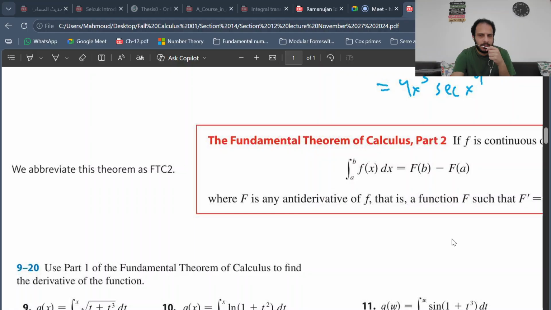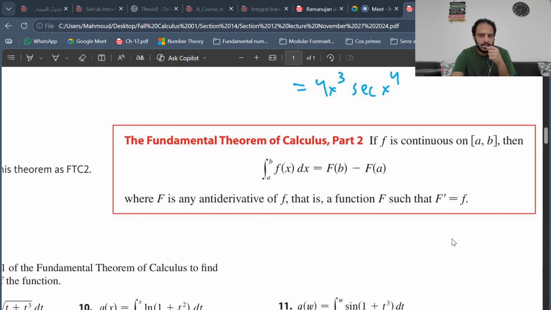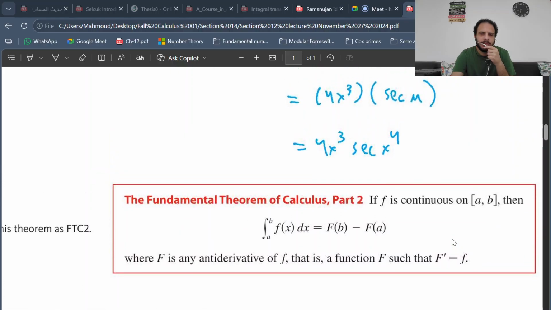We will solve these problems now. I need you to participate, okay? Now, again, the fundamental theorem: you find the antiderivative, then you substitute the upper minus substitute the lower.